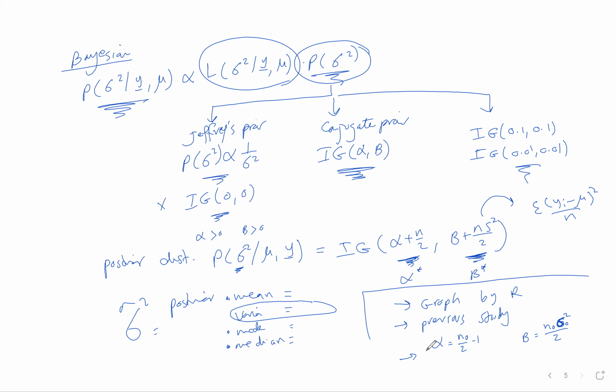What if I use Jeffreys prior? If I use Jeffreys prior, it will again be inverse gamma, but plug in alpha equals 0, beta equals 0, because under Jeffreys prior it is inverse gamma 0, 0.